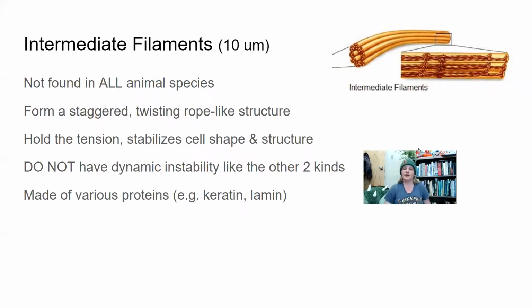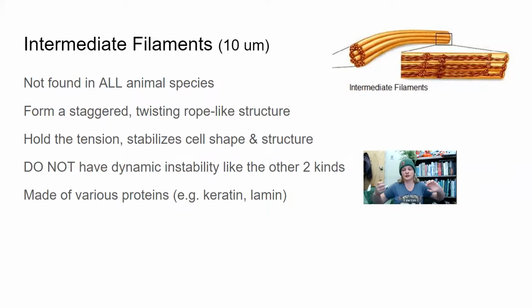That's basically what is happening here in these intermediate filaments. And what they do is create some tension, and that tension stabilizes the shape of the cell. And it provides its structure.